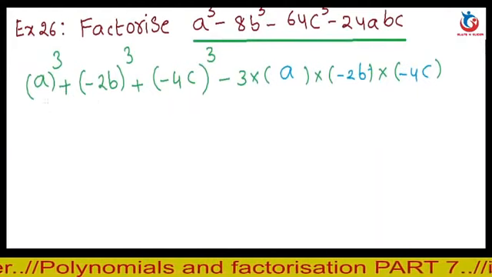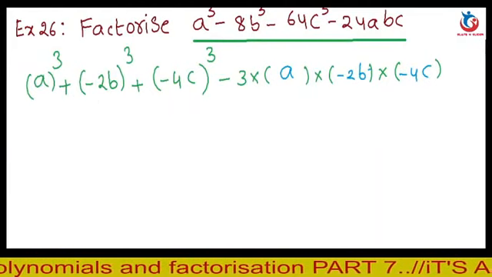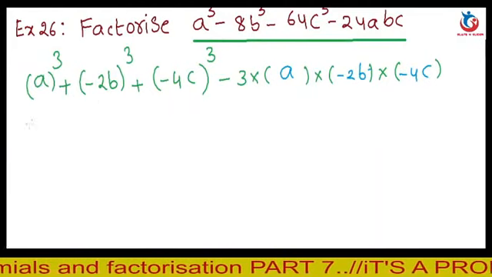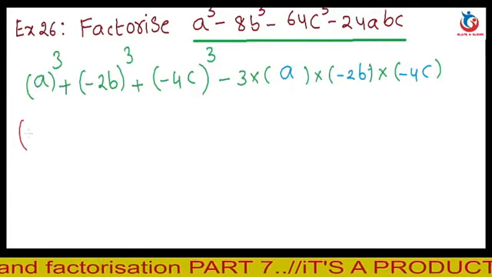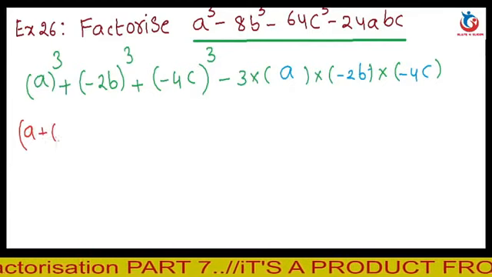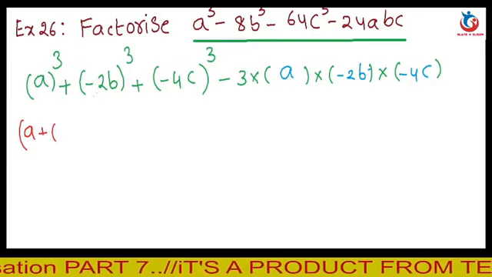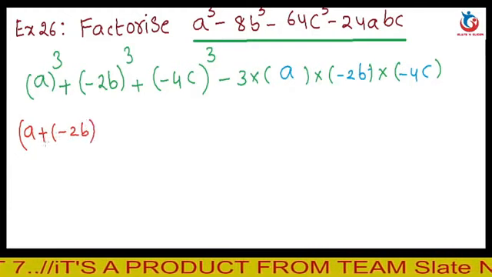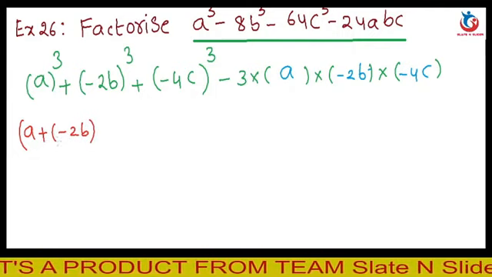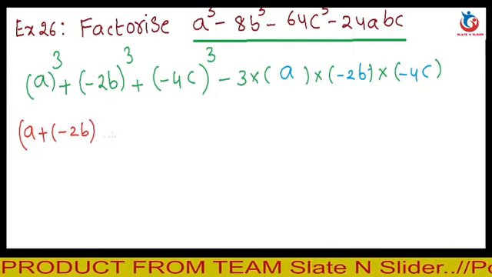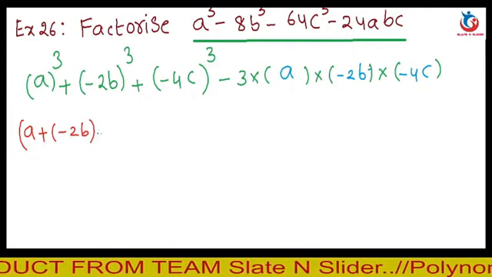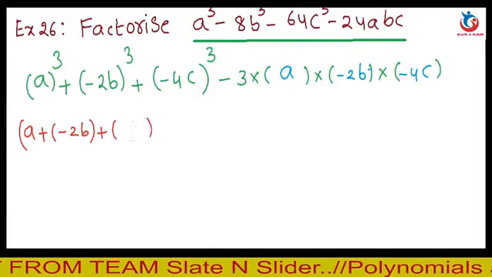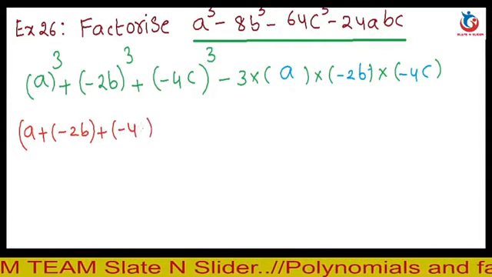So now, this is equal to x plus y plus z into, that means a plus x plus y. Y means minus 2b, minus 2b. So two signs should not come closer. That's why you have to keep bracket. We have to separate them by using the brackets. X plus y plus z. In the place of z, you should write minus 4c.